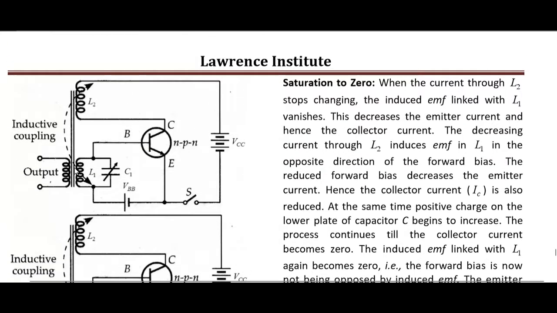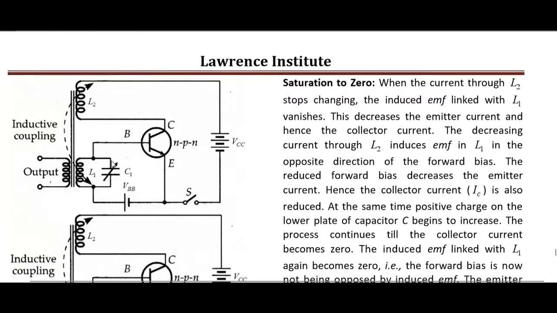Now let me first describe the circuit. Obviously here we have got LC oscillation and the core is common. Note that this core is common, and from here we get output from the other circuit, and through the core it is coupled with this inductor L1.